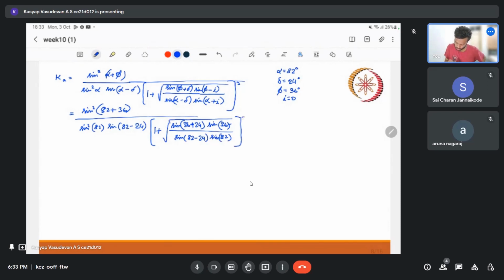This whole square turns out to be 0.296.